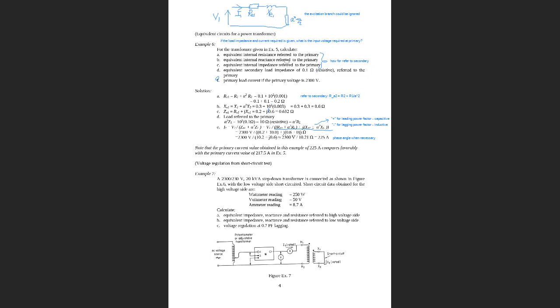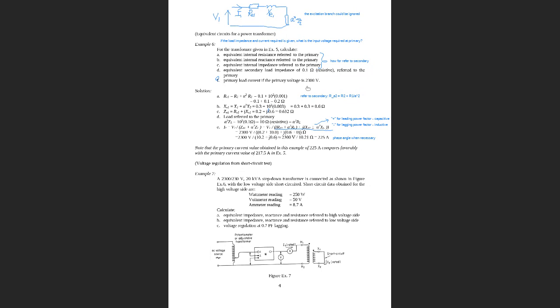Okay, so a question raised, similarly, we can check these examples. If the loading impedance and the current required is given, what is the input voltage required at the primary? Here it is given the primary input voltage, and estimate the primary input currents.